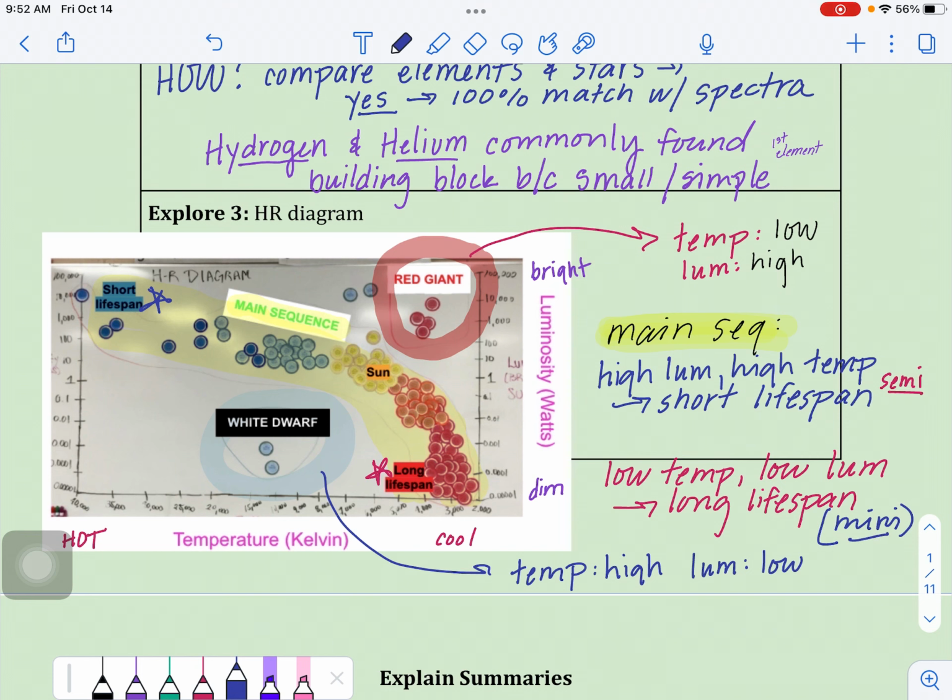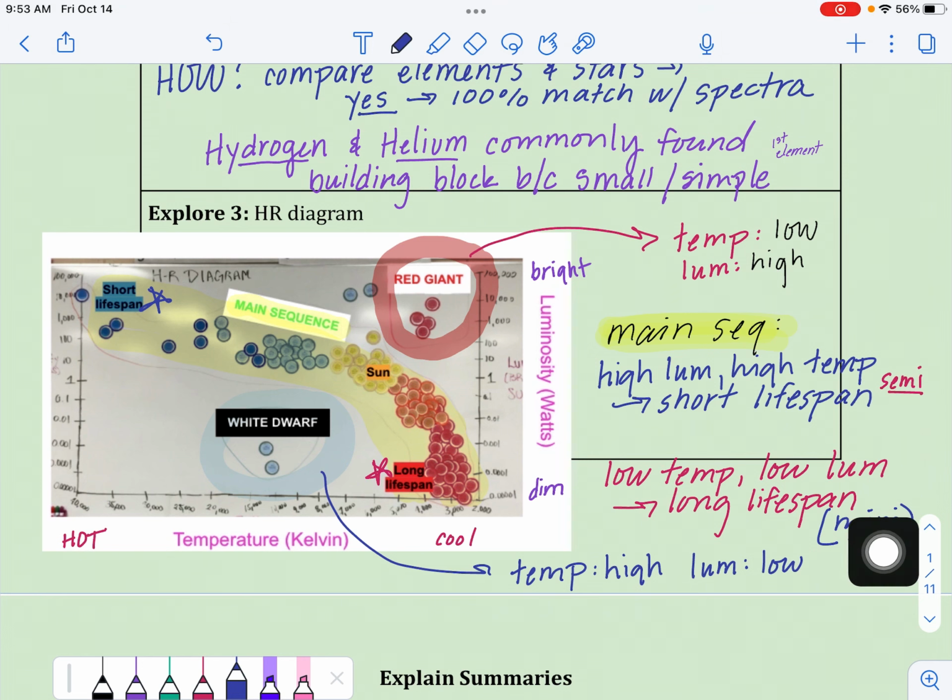Because we know those Mini Coopers, those tiny little vehicles, they don't need a lot of energy to maintain their motion. They can use their fuel very efficiently and for a long period of time. I can get much farther on a tank of gas with my Mini Cooper because it takes less energy to move that vehicle. Just like here, it takes less energy to maintain this low temperature and low luminosity star. So its lifespan is much longer than that up here of the high temperature and high luminosity stars.